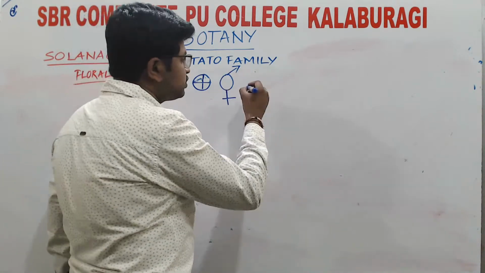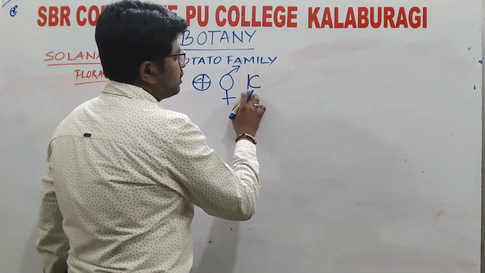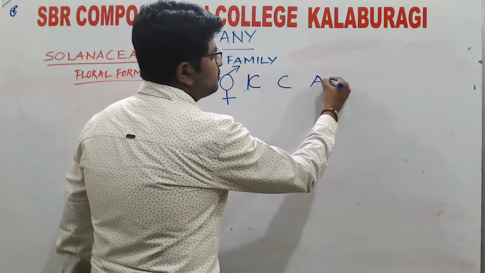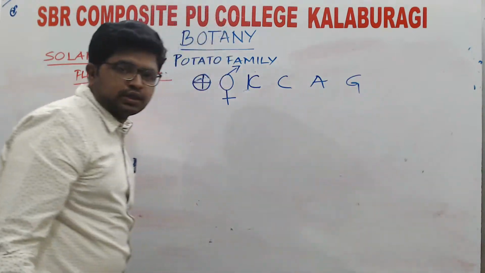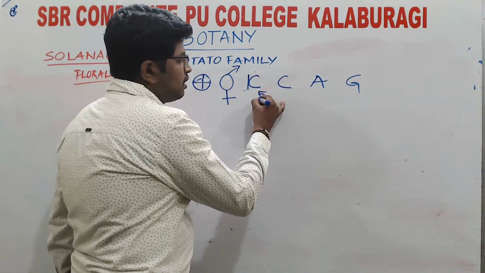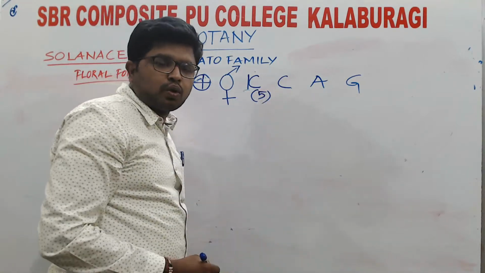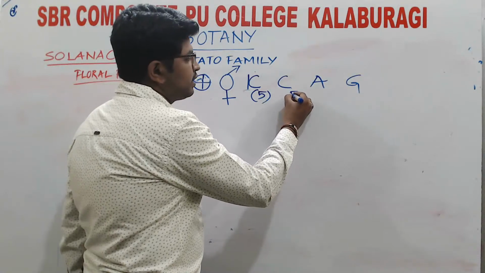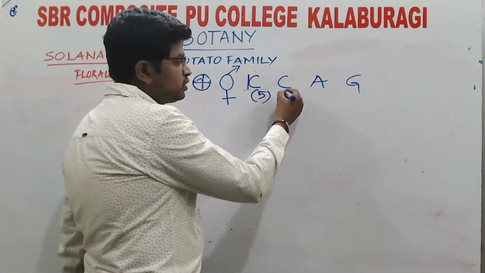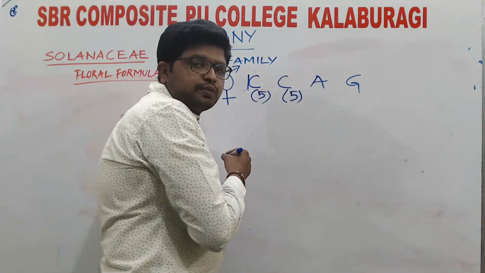Next, the four words you need to write: calyx, corolla, androecium, gynoecium. Now, calyx, how many are there? Five are there. Are they fused? Yes, they are fused. Then you have to put the brackets. Corolla, how many are there? Five petals. Are they fused? Yes, they are united, so gamopetalous. Now, androecium, how many are there?